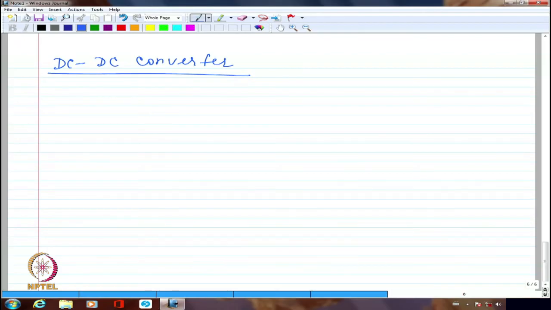Normally DC to DC converters work at high frequency, in terms of kilohertz at least. It can be of the order of megahertz if I'm talking about very, very small power levels. If I'm talking about motor drives, then it may be of the order of a few kilohertz, right?